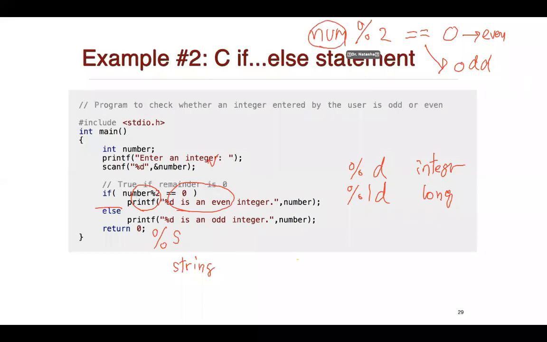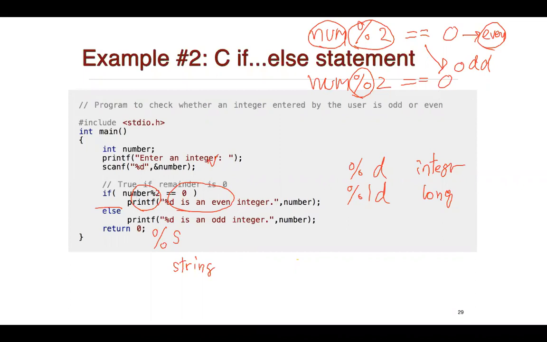Because the number can be divisible by 2. What does it mean to be divisible by 2? If a number can be divisible by 2, it is even. The number that can be divisible by 2 means that num modulo 2 equals 0. There is no remainder.